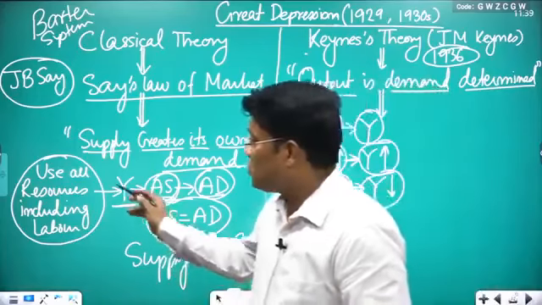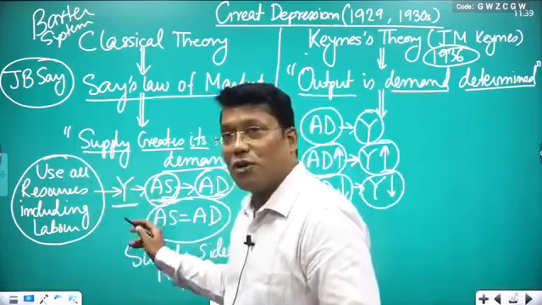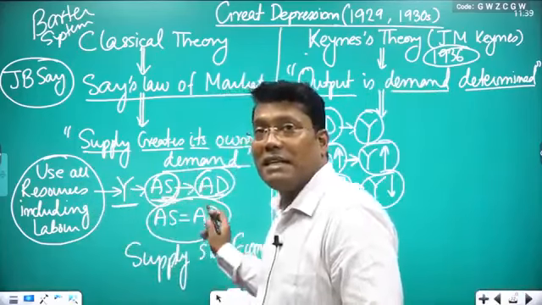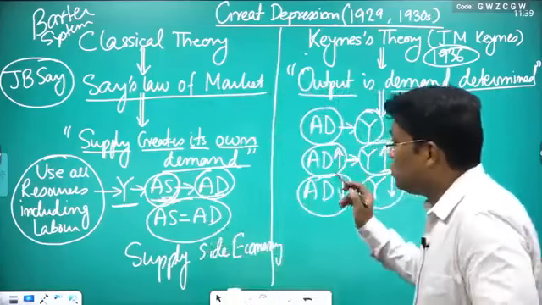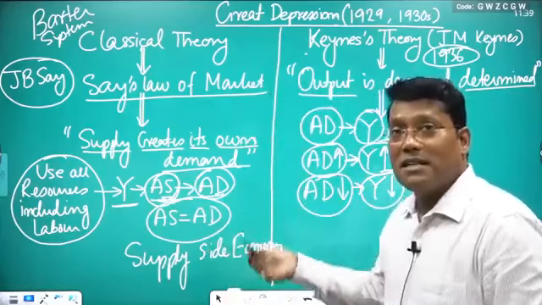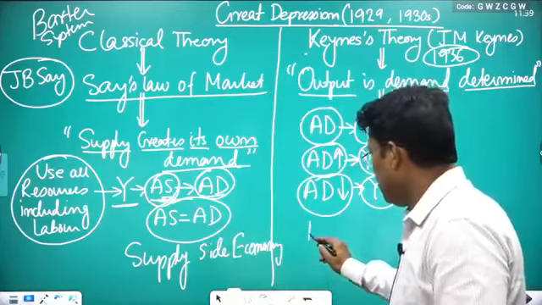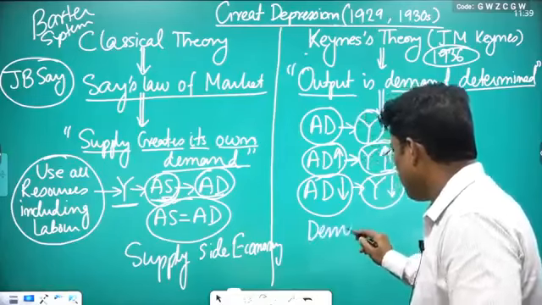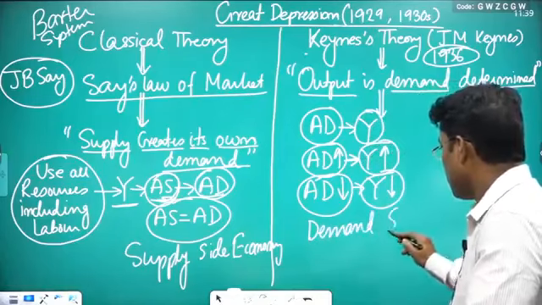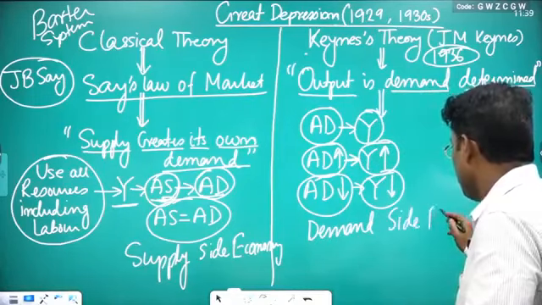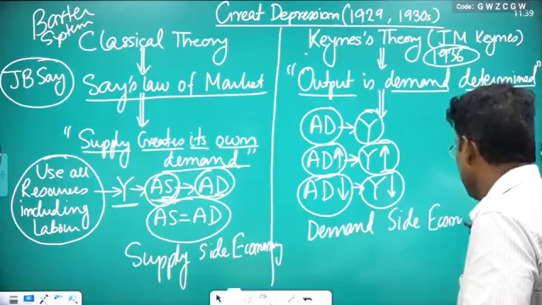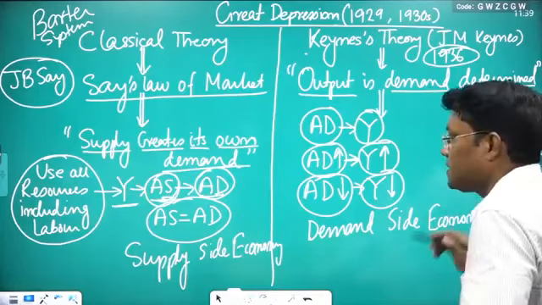You use all resources, then produce your output, then equivalent demand will be created. But Keynesian theory starts from the demand side, so it is known as demand side economics.